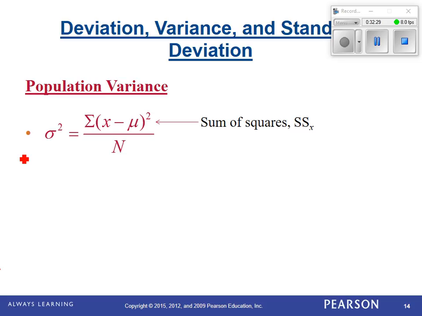What is sigma? This symbol. When we have sigma squared, that's your population variance. Sigma squared is the population variance.